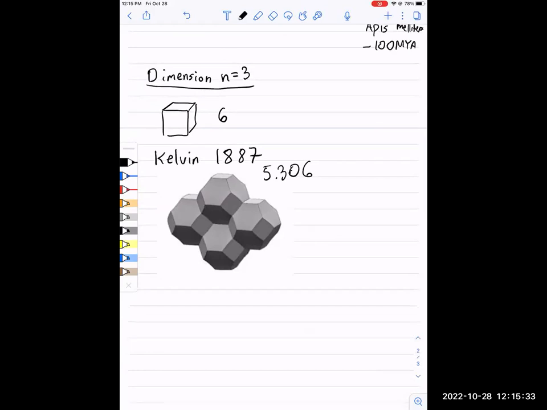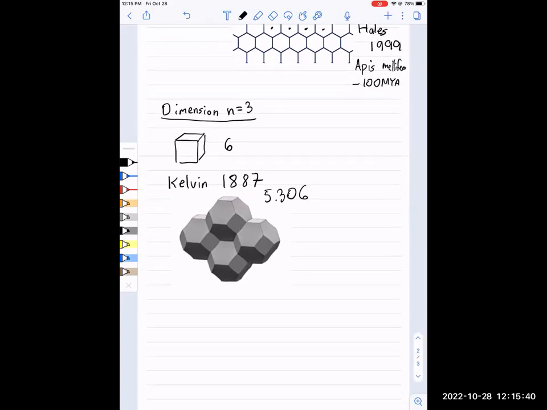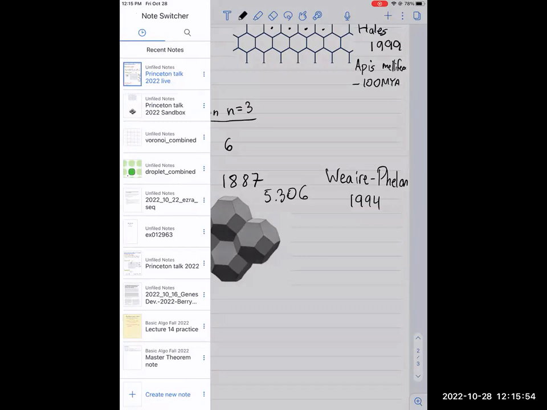For a century, this was believed to be the best way to partition space, the best foam, but this was disproved by physicists in the 1990s. This is Weaire and Phelan in 1994. They took their inspiration from chemistry, from physics.